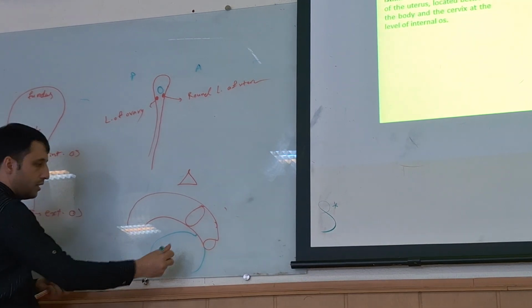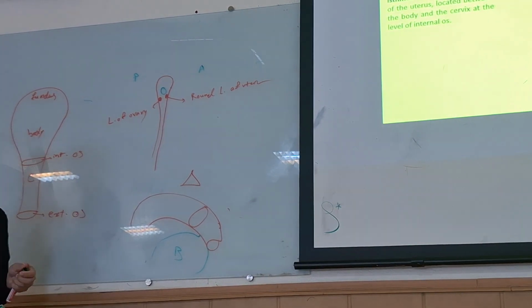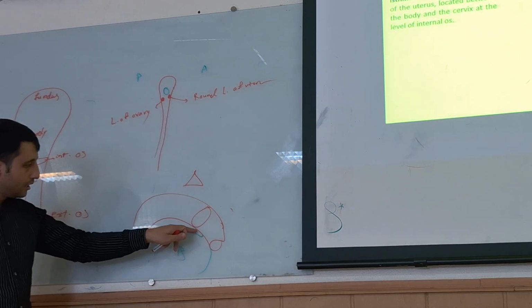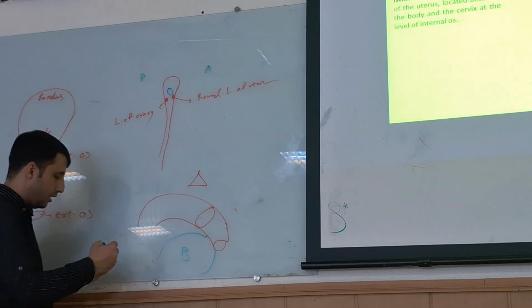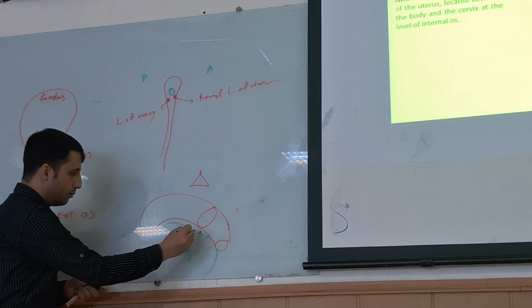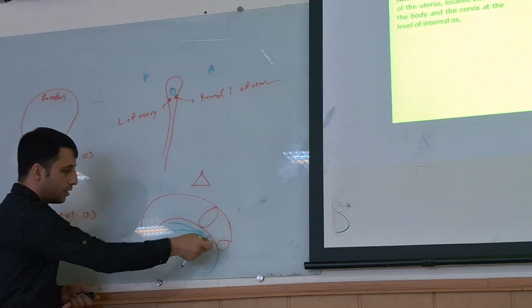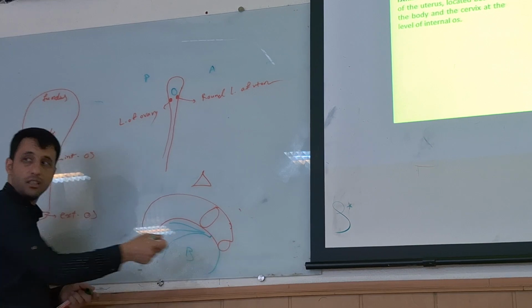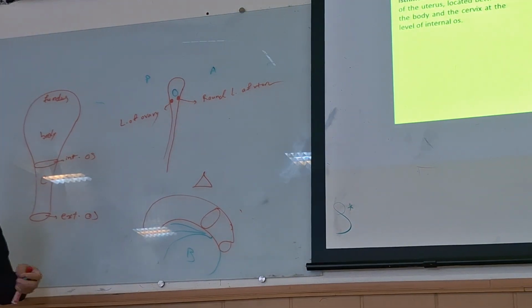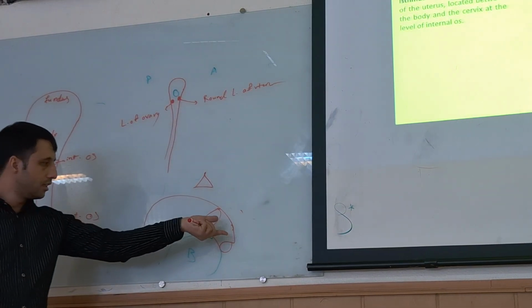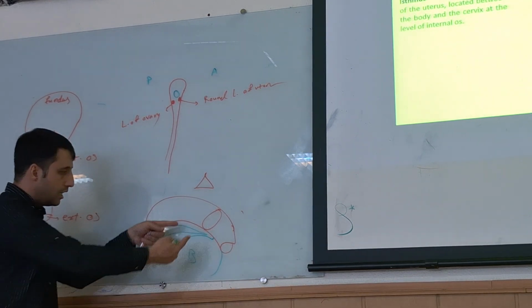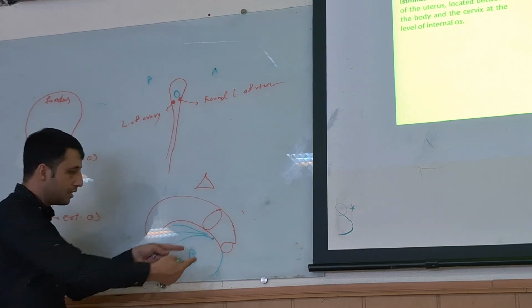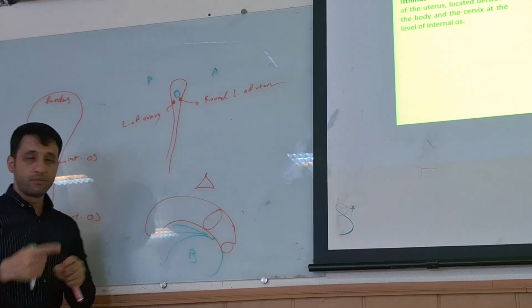Here is bladder, okay? This part is covered by peritoneum. It is the site of the peritoneum, but the inferior part is not covered by peritoneum. So I can say that the anterior surface of the cervix has an intraperitoneal part and a retroperitoneal part.